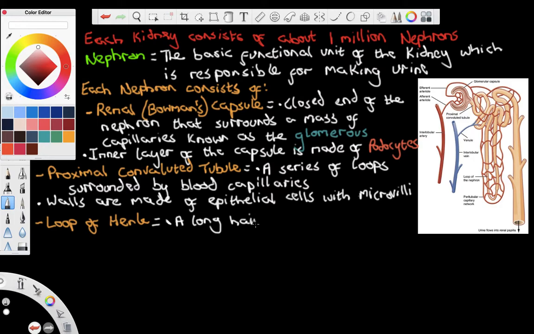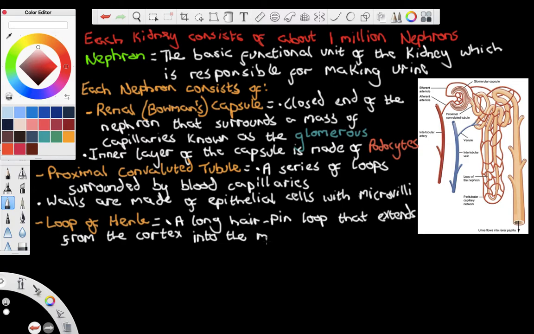hairpin loop that extends from the cortex into the medulla and back again.